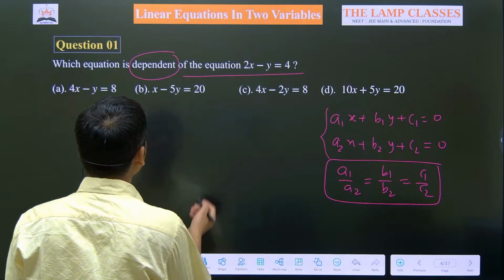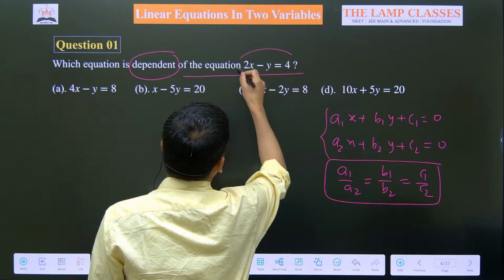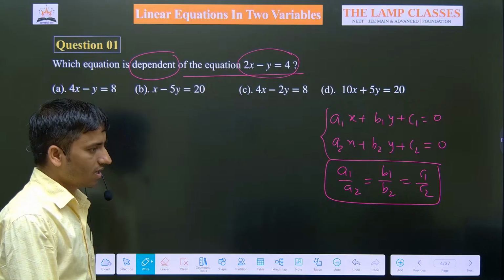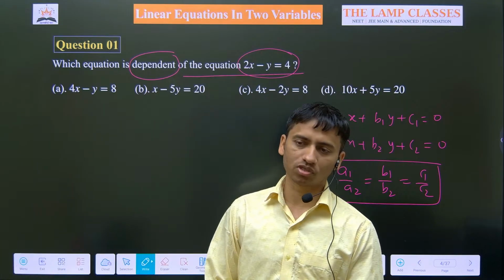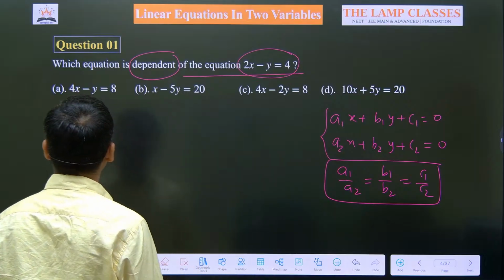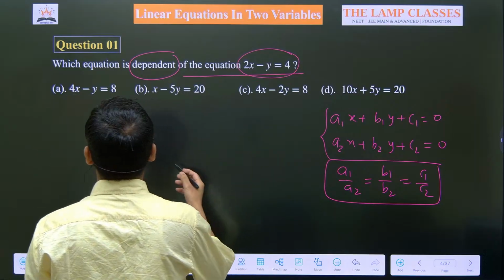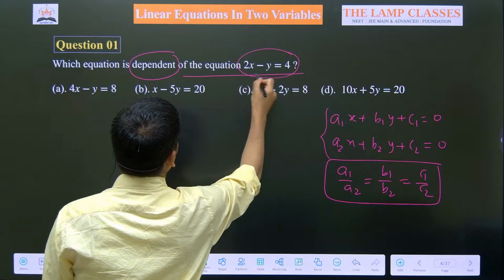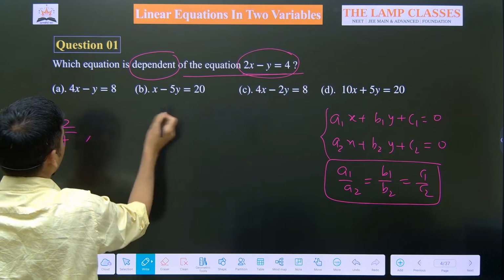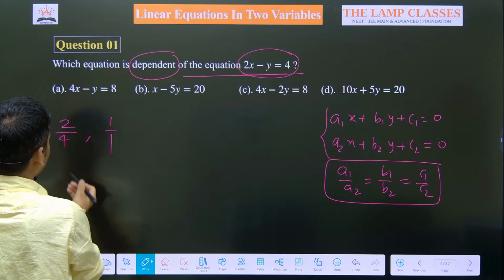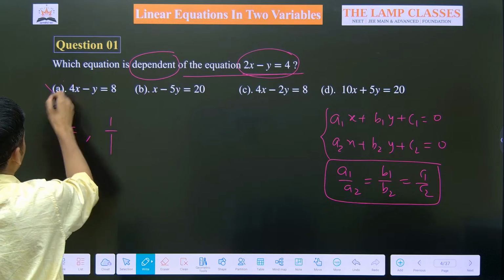So here can we check which of the options satisfies this? So check that a1 upon a2 is equal to b1 upon b2 is equal to c1 upon c2. Let's start with option 1. In this case, we have a1 upon a2 as 2 upon 4, b1 upon b2 as 1 upon 1. You can clearly see these are not the same, so this cannot be the answer.